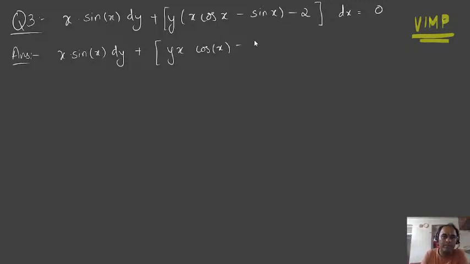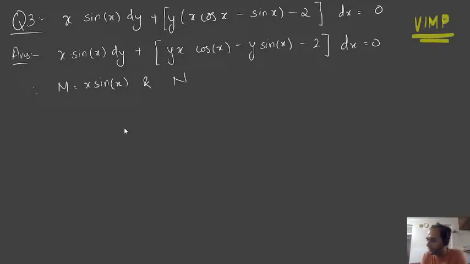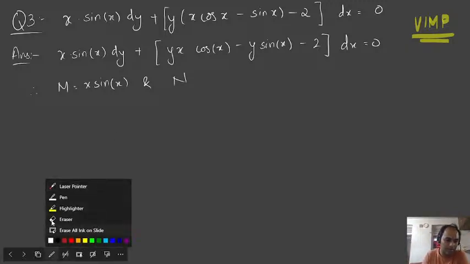Minus y sine x minus 2 dx equals to 0. So M over here is x sine x, and N over here, oh no, M is, just a minute.